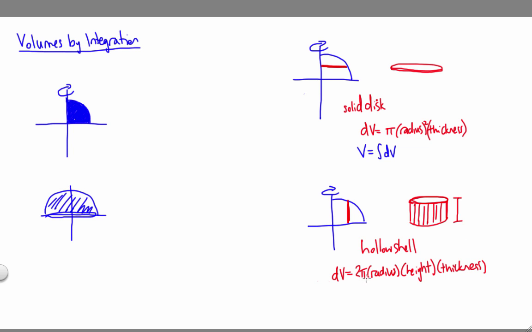So dV would be 2 pi times the radius times the height times the thickness, just being that tiny little dimension there. And then to get our volume, we would integrate dV with appropriate limits of integration.